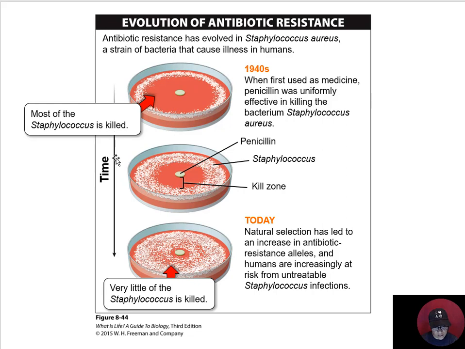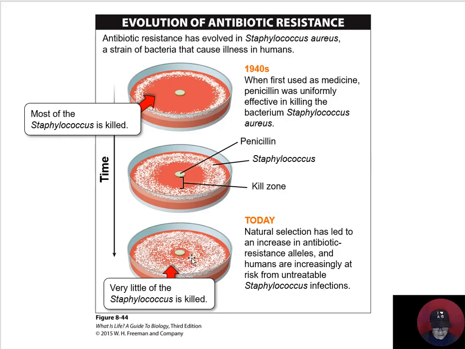However, as time marched on, we can see that the kill zone was getting smaller and smaller, and today, because of natural selection, it's led to an increase in antibiotic resistant alleles in Staph aureus, and humans are increasingly at risk for untreatable Staphylococcus infections.